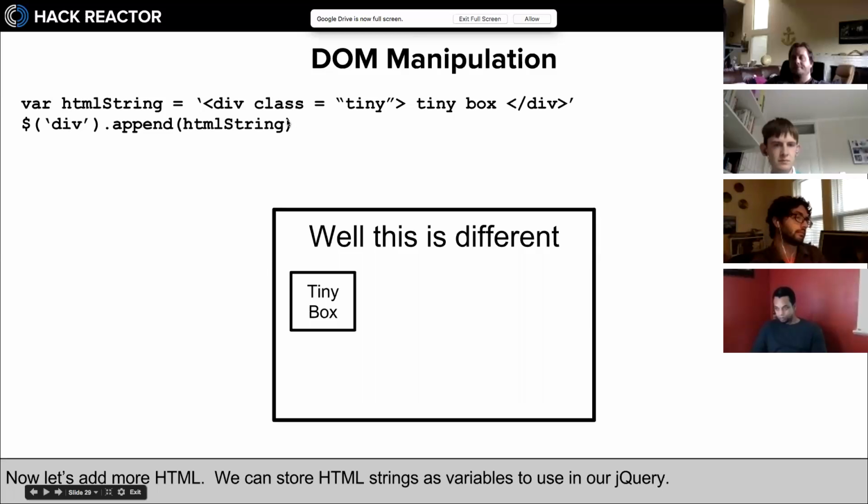We don't have to actually write all of the HTML into the parentheses because we've stored it as a variable. So just to take note, you can mix JavaScript and jQuery. jQuery is a JavaScript library, so all valid JavaScript syntax is going to be valid in the context of jQuery.